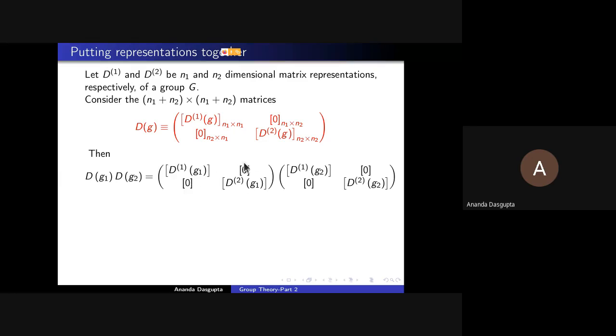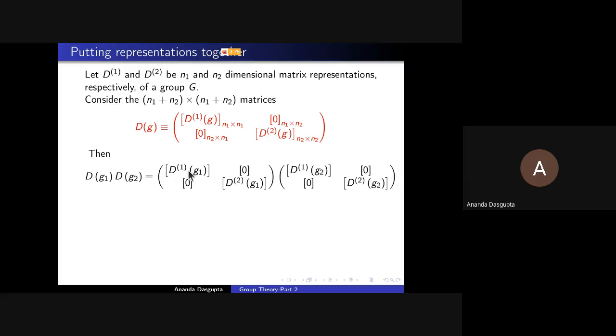Off-diagonal blocks are zero. And now when you multiply them, you essentially multiply this matrix by this one plus this matrix by this one. You should carefully check that such matrix multiplications are valid by the row-by-column rule and add them together. So it's just like treating them as elements.